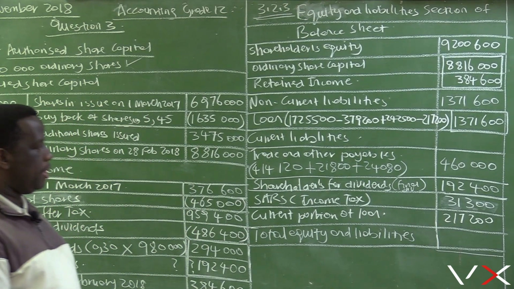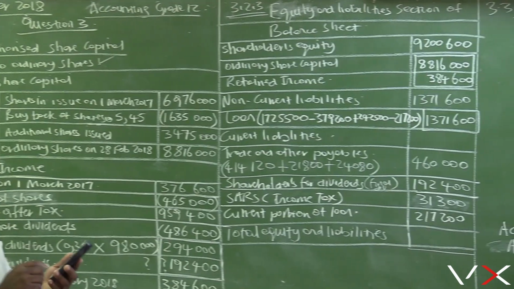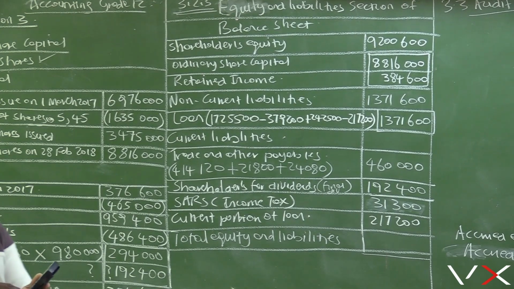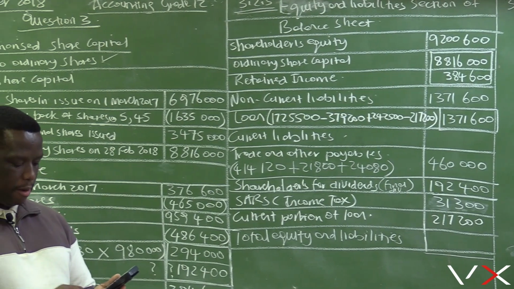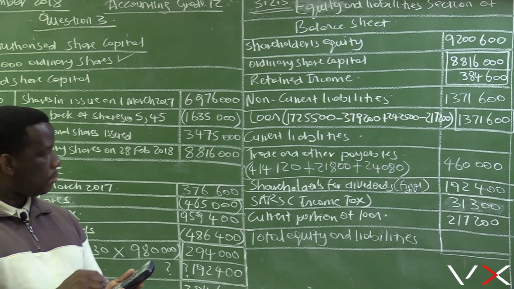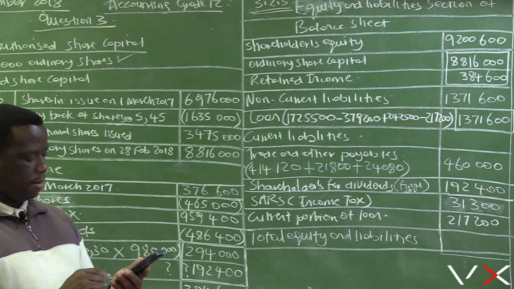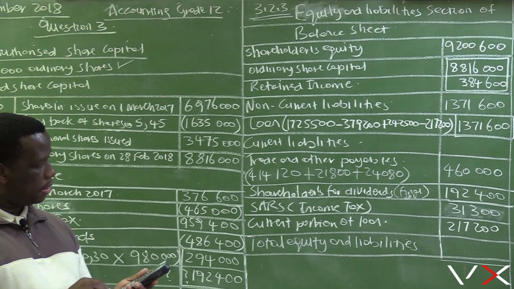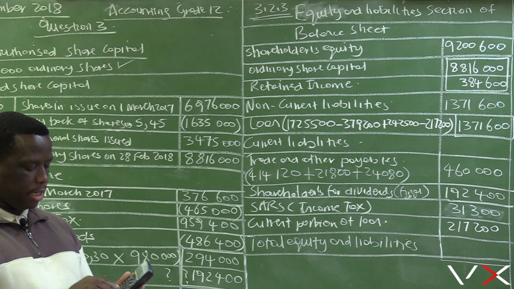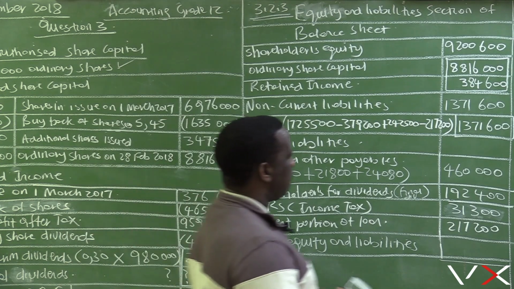Now the next step is to calculate the total current liabilities. The total current liabilities is 460,000 plus 192,400 plus 31,300 plus 217,200 equals 900,900.